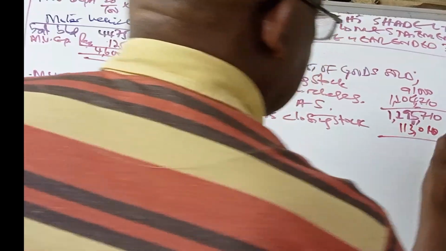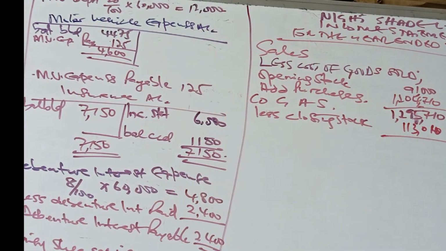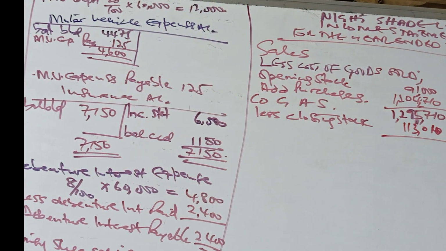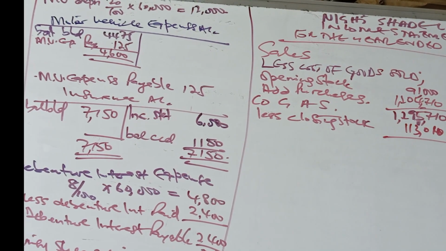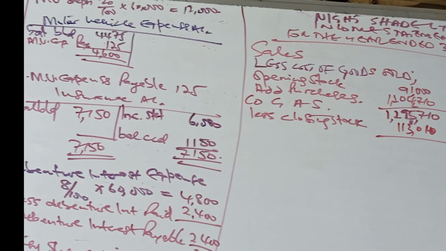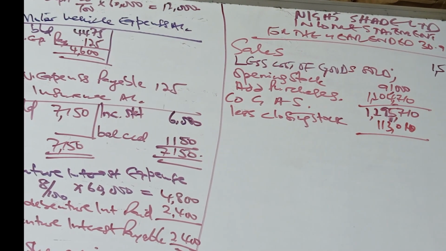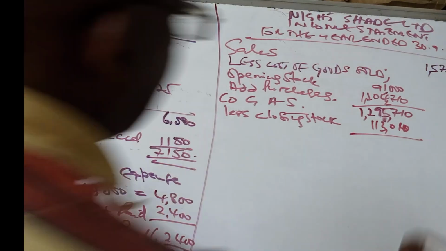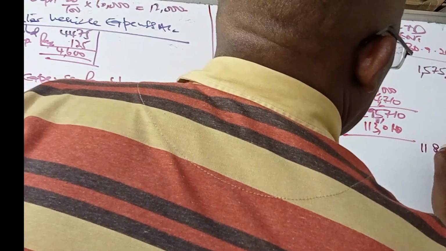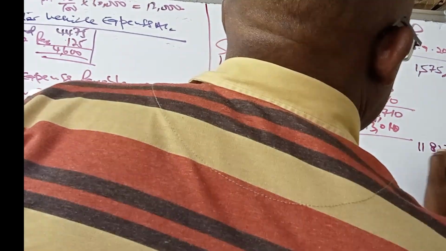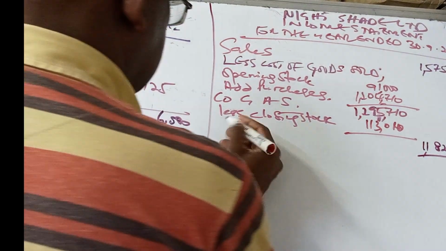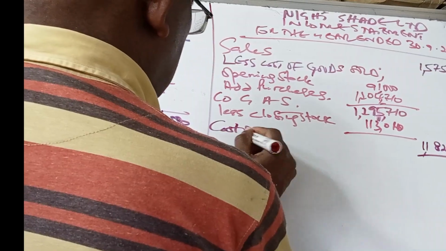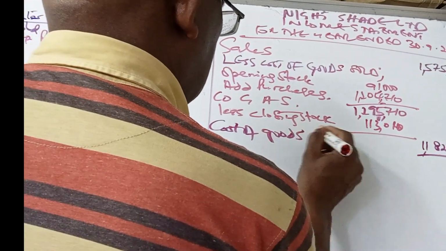So 1,295,710 minus 113,010, we get a figure of 1,182,700. These are cost of goods sold.